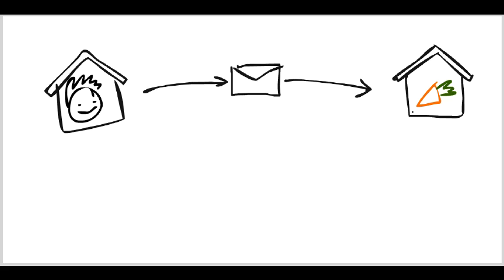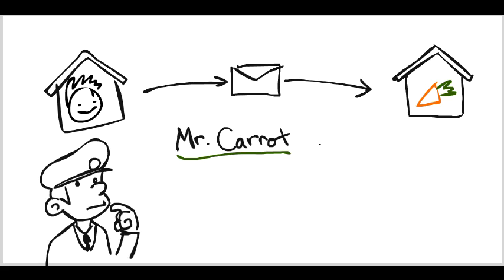Now, if I want to send a letter to Mr. Carrot, that information is useful to me, because I know who is supposed to get this letter. But to Mr. Postman here, that information is not very useful. He's going to be confused because he doesn't know where Mr. Carrot lives. So this information for him is no good.